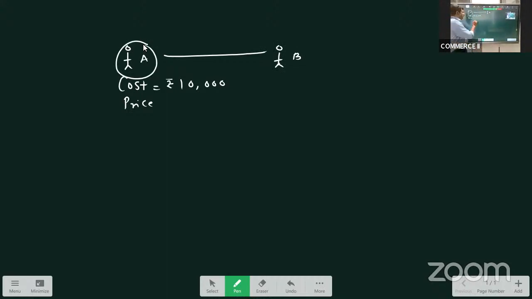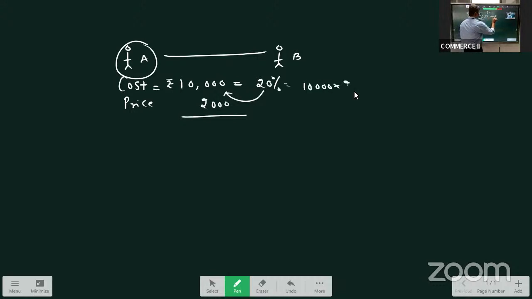So what he does is, where the cost of the goods is 10,000, he will charge some extra percentage on that, let us say 20%. 10,000 into 20%, that is 2,000. He is adding excess price and is showing the goods to be of 12,000.